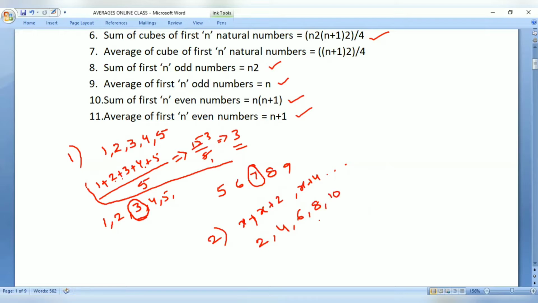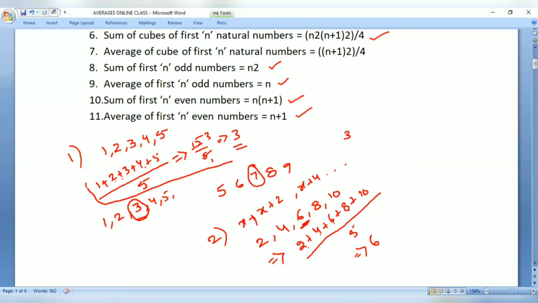Next even number 10. If you are asked to calculate the average with the general concept, how will we do it? 2 plus 4 plus 6 plus 8 plus 10 whole divided by 5. So 2 plus 4 is 6, 14, 24, 30. 30 by 5, it becomes again 6. So the middle value will always be the average.